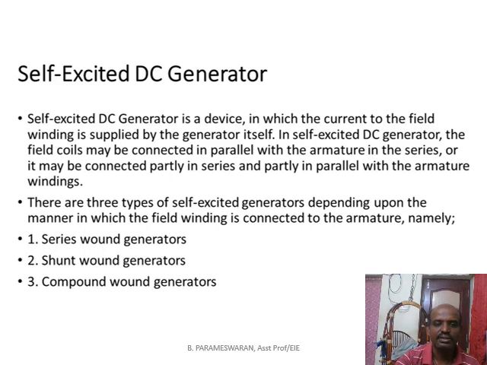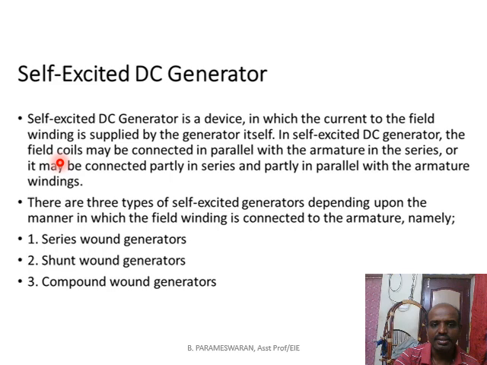Next one is the self-excited DC generator. A self-excited DC generator is a device in which the field windings are supplied by the generator itself. In the separately excited generator, the field windings are excited separately, whereas here the field windings are excited by the generator itself.